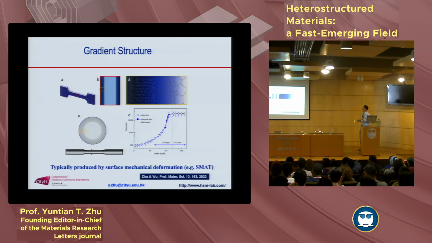And gradient structure, you can do like this surface nanocrystallization, like a surface shot peening. Shot peening is an industrial process. And you can have this grain size difference. Surface is nanometer. In the center is coarse grains.